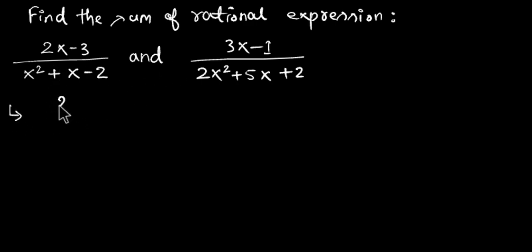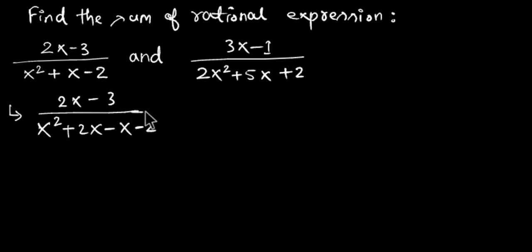So first I write 2x minus 3, and the denominator x square plus x minus 2 can be written as x square plus 2x minus x minus 2.